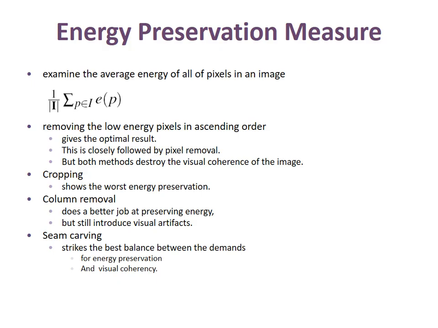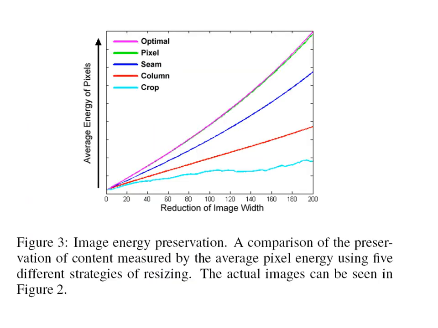If you know how to apply seam carving to adjust the aspect ratio, then we can compare seam carving to different methods. For example, we can see in the figure the average energy for each pixel once we reduce the image width by 20, 40, or 100.